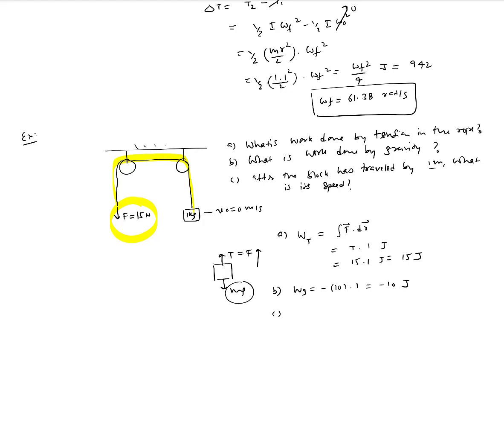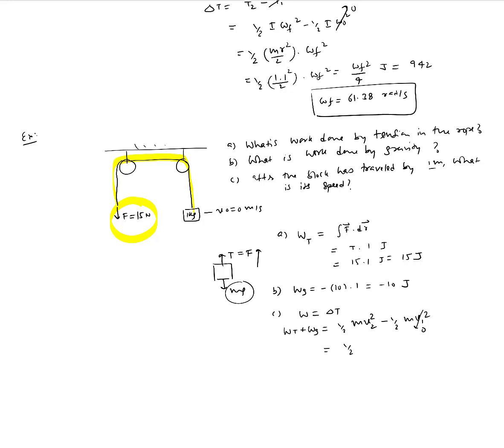And then part C is, after the block has traveled by 1 meter, what's its speed? So we can use the work energy relationship, W equal to W sub T plus W sub G equal to 1/2 mv2 square minus 1/2 mv1 square, where this will be 0 because initial velocity is 0.